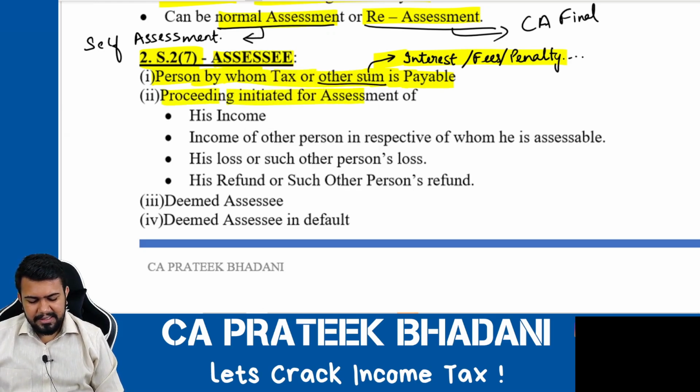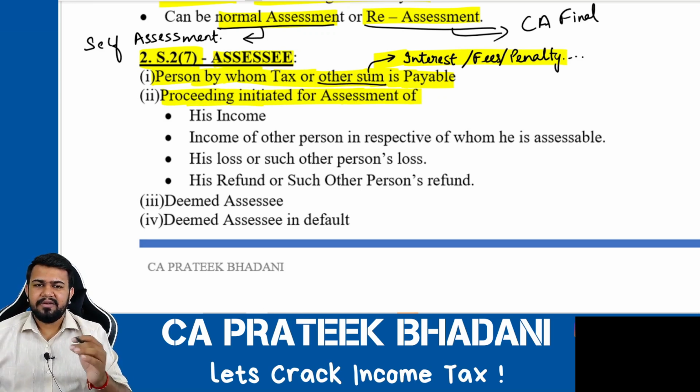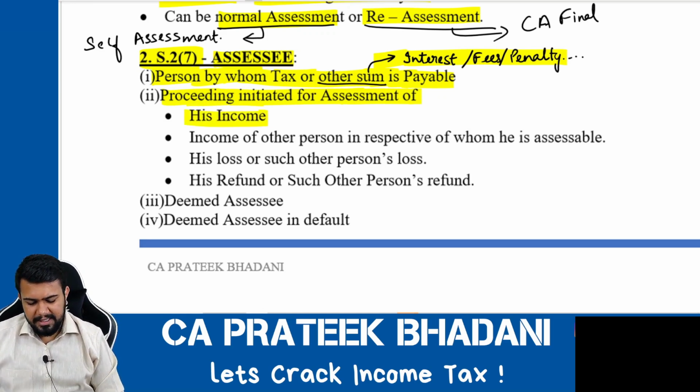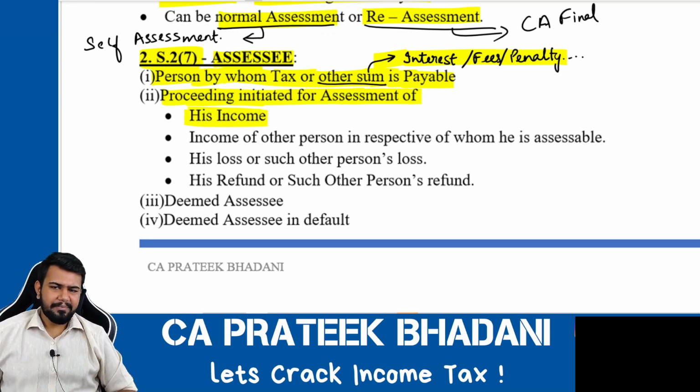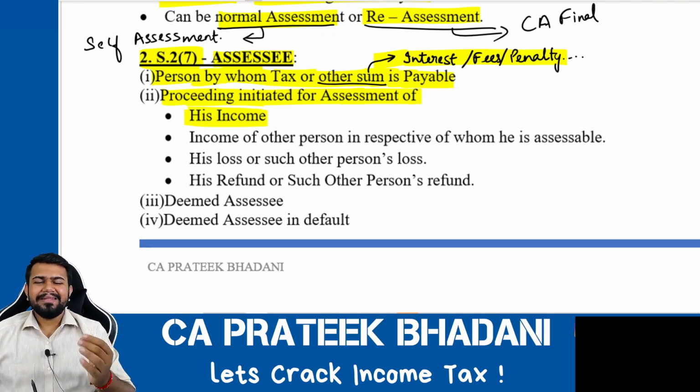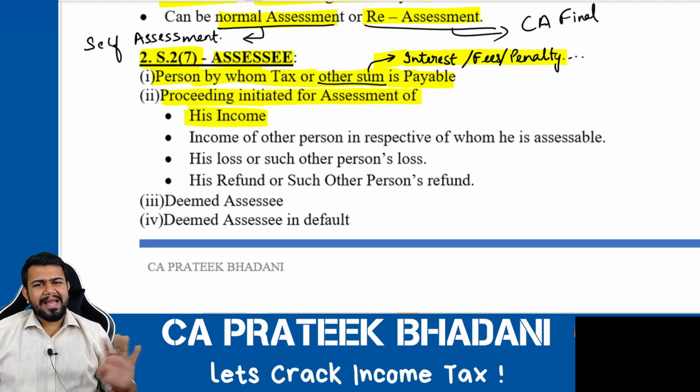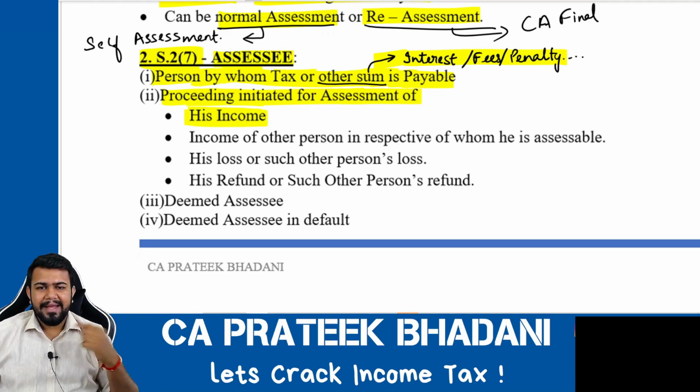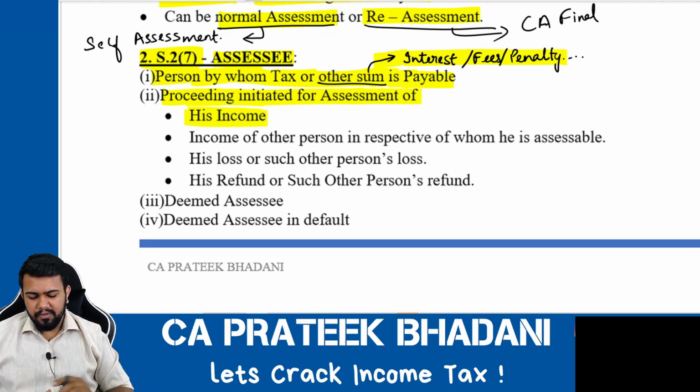Proceeding is initiated for the assessment of his income. For example, okay, I am telling the income tax department that I do not have any income at all. But the income tax officer or the assessing officer feels that I am having an income. Hence he wants to find out. So what he will do?